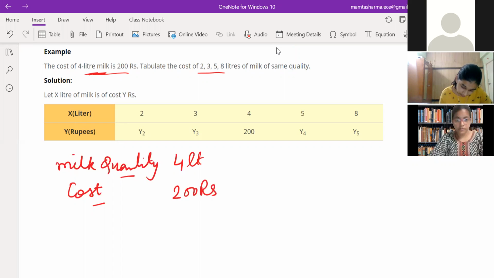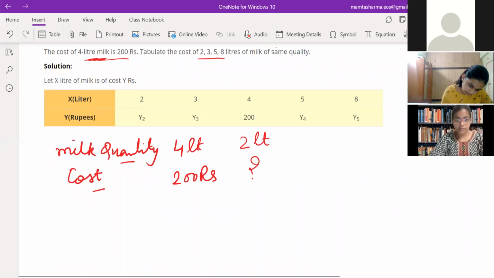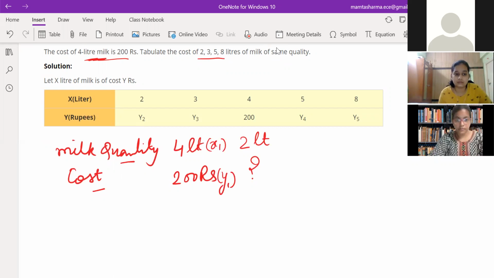Okay, tabulate the cost of 2 liter milk. When the milk quantity is 2 liter, what will be the cost? You can assume this as x1, this as y1, this as x2, and this thing as y2. Milk quantity is x1, cost is y1.